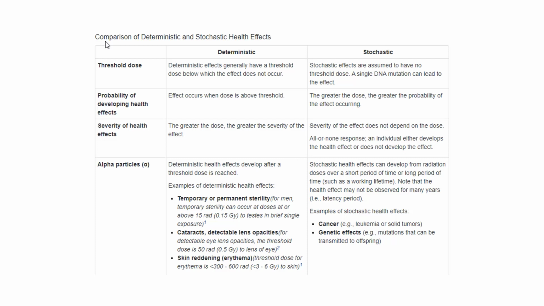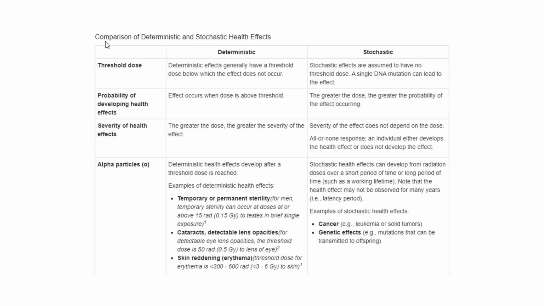Either they will happen or they will not. So previously we used the word determined for deterministic. Let's use the word probability for stochastic. So when we talk about stochastic, we're talking about the probability of something happening. Either it will happen or it will not.